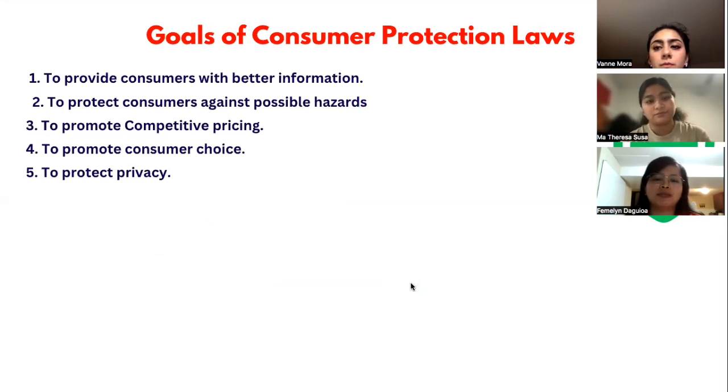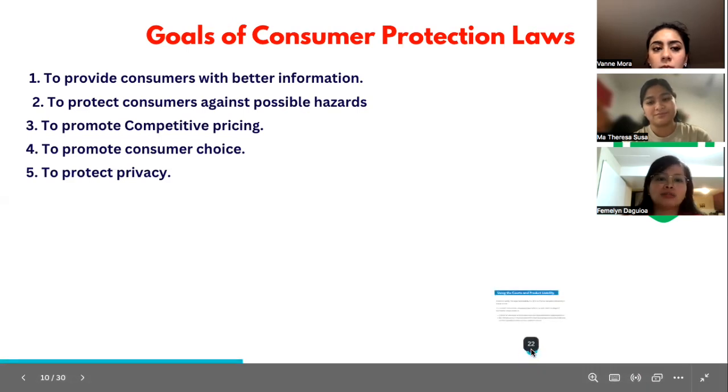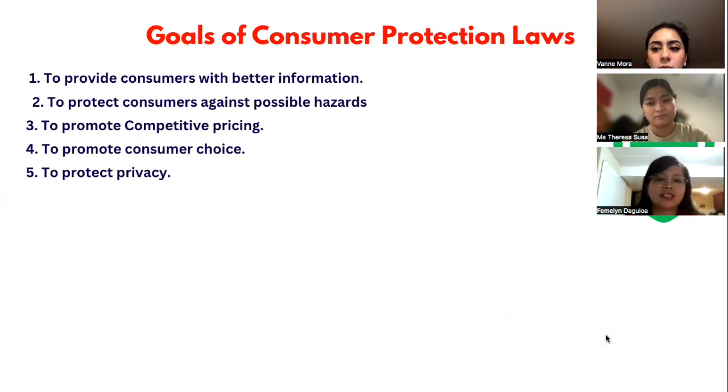For example, before they buy a product, they should be able to read its label, including all the ingredients, the prices, and all the potential risks. Second is to protect consumers against possible hazards. This means that products and services are safe to use and don't cause harm to consumers.